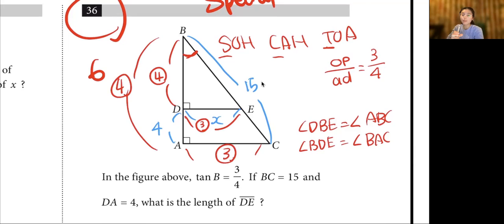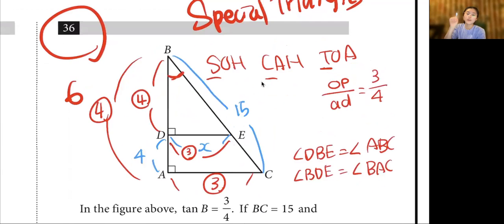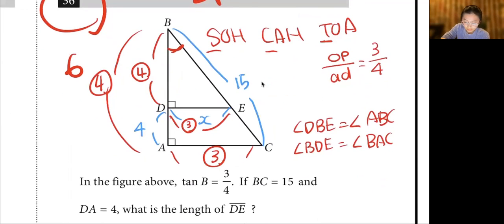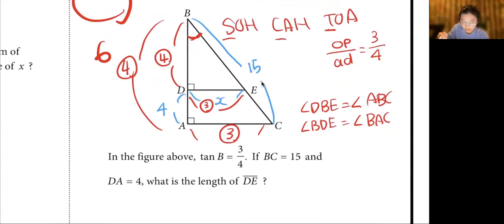So it's going to be the special triangle of 3, 4, 5. Remember, the hypotenuse needs to be the 5 because it's the longest length. Using these lengths and the ratios, we need to find the answer.